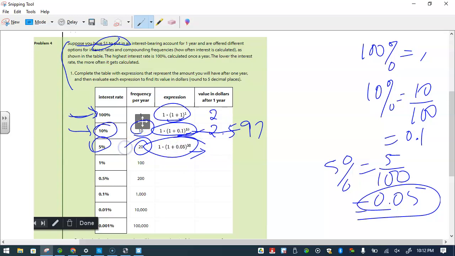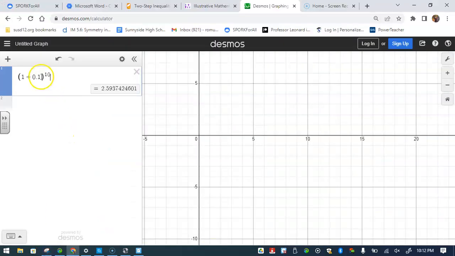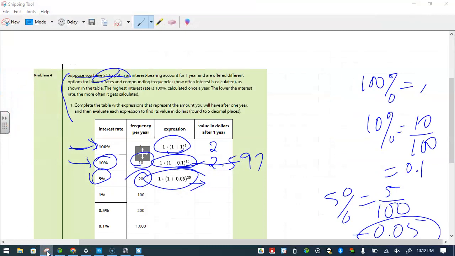But for 20 years, so you put 20, so go up there, and now this will be 0.05. Go up there and put back and put 20, and so you get 2.65329, and I'll go back and write down that number. So put the number as 2.6539.